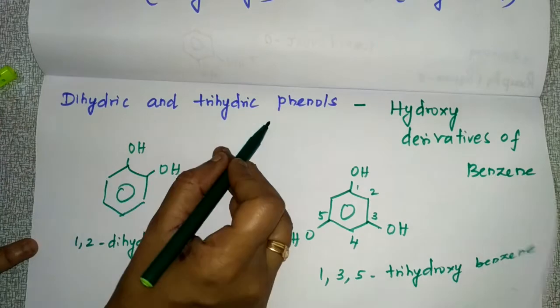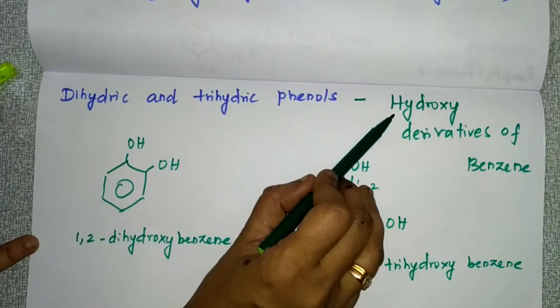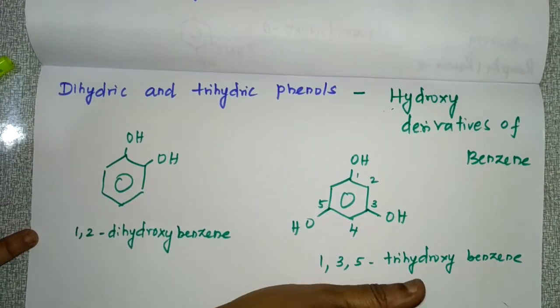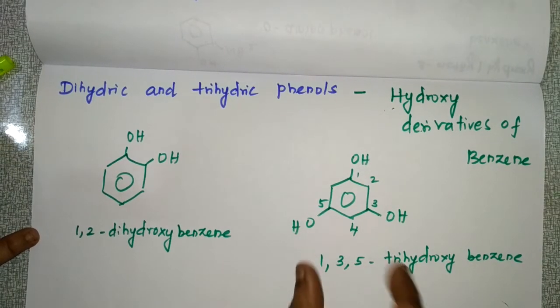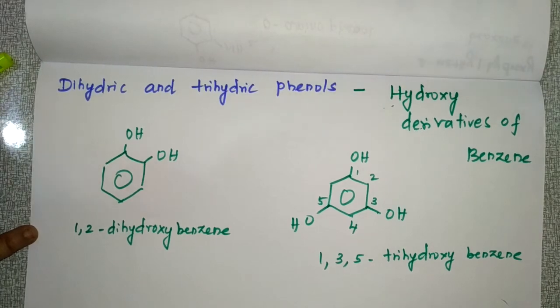If dihydric and trihydric phenols are there, definitely you have to name them as hydroxy derivatives of benzene. Hydroxy derivatives means you mention the positions where the OH group is there, and as the suffix you add benzene. Okay.